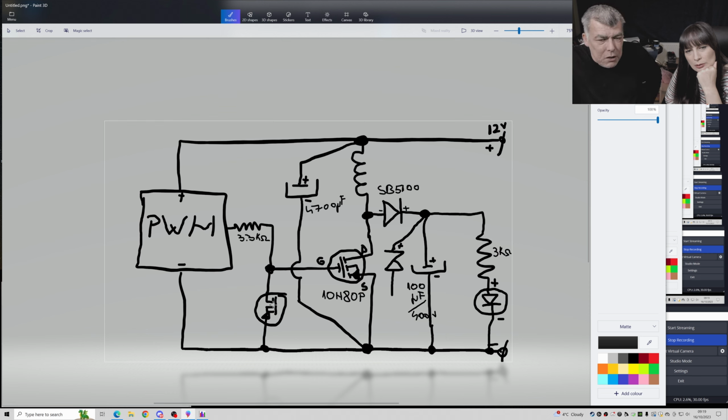So we connect a MOSFET to ground, right? That means when I have voltage on the gate, it will short the PWM signal to ground. If you short the PWM signal to ground, it's the same as shorting the ground with the source, because the source is connected to the ground.